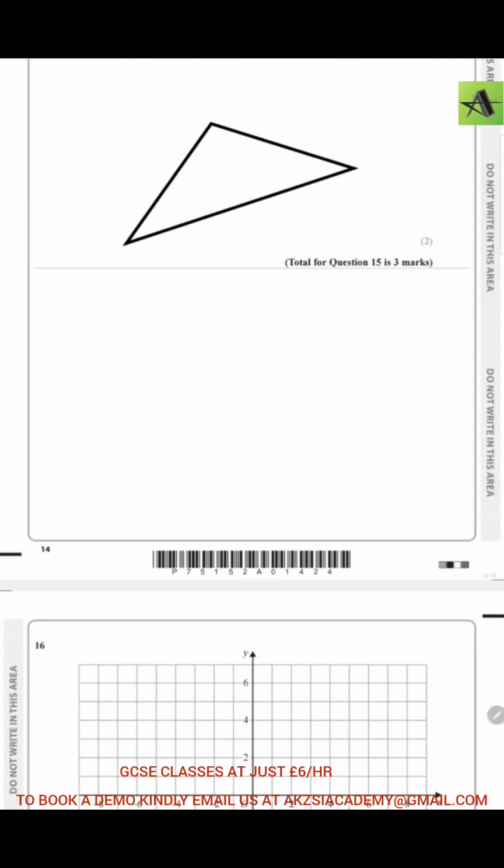Now, the main question is, generally students get confused about when to apply sine rule and when to apply cosine rule. So sine rule is when you are dealing with two lengths and two angles. The combination of two sides and a combination of two angles would give you an answer.